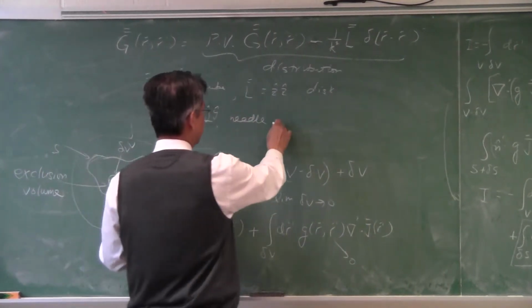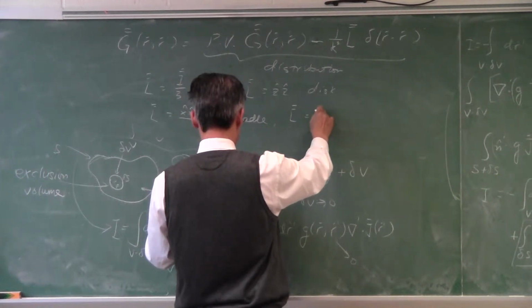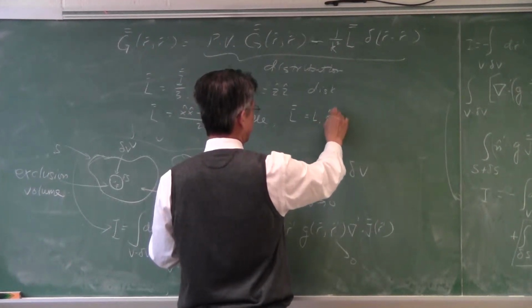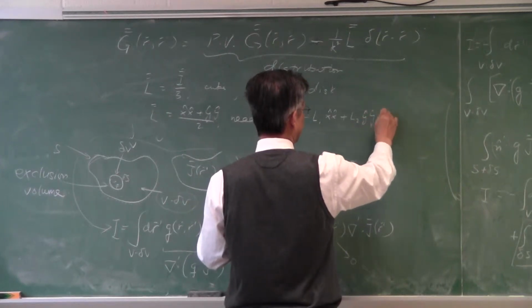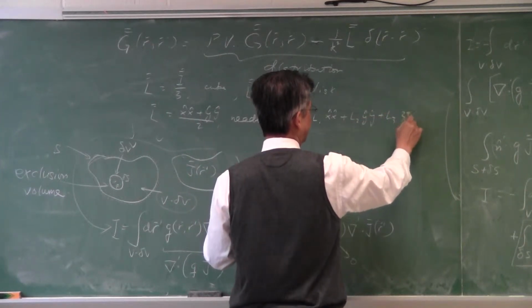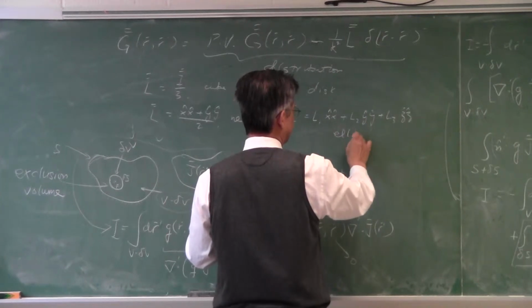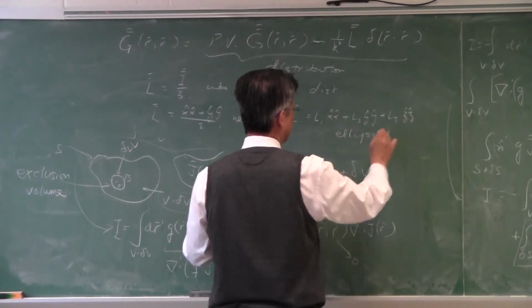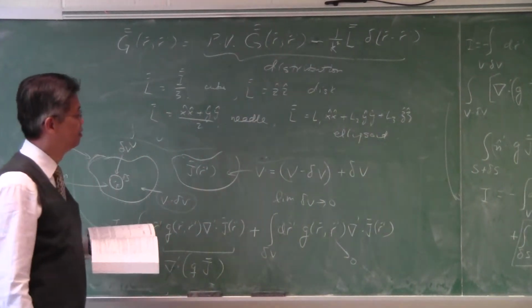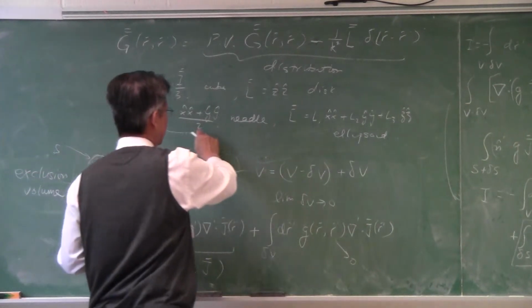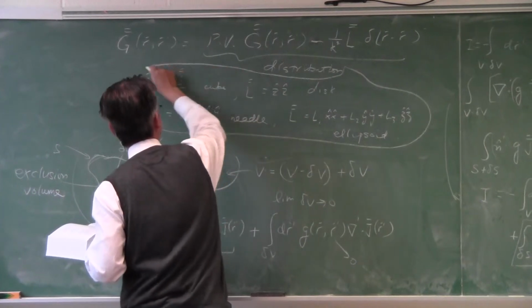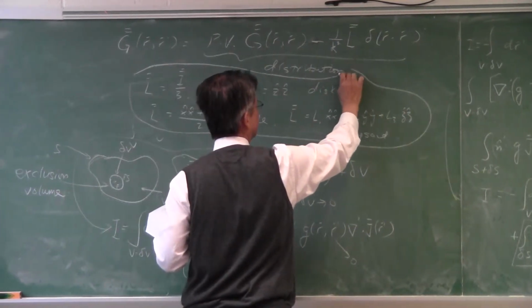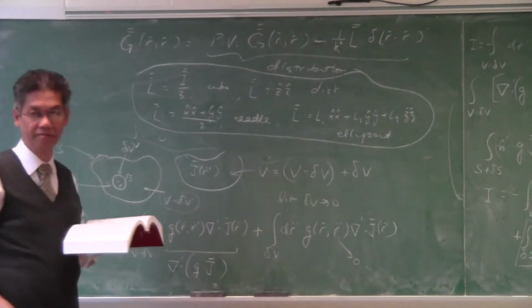And then L is equal to L1 x hat plus L2 y hat plus L3 z hat for an ellipsoid. This has been worked out by different researchers. They found L to be this.